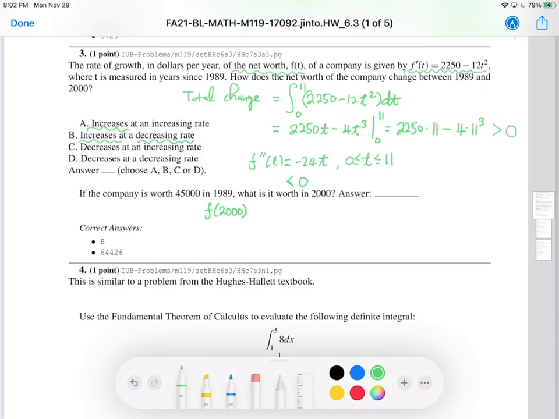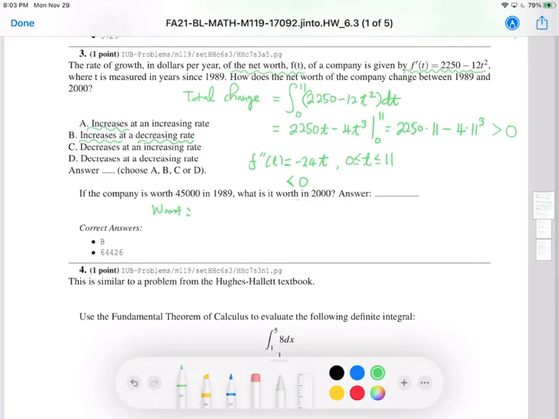The total change is calculated from part 1. Sorry, t is measured since 1989.